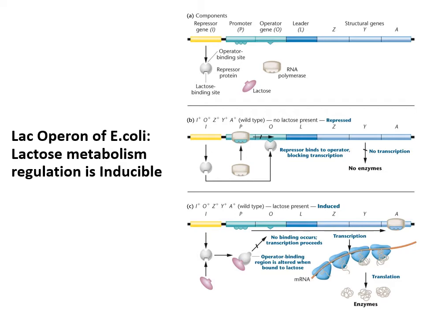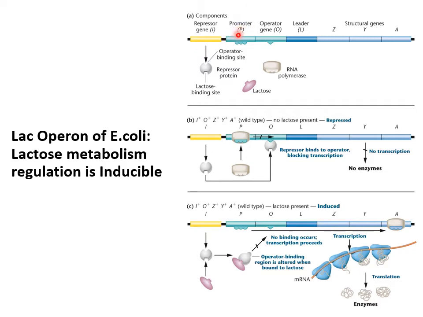So we're going to go through the key players involved. When you look at this operon, you see a few different titles and names here. The first one is the repressor gene. So whenever you see the letter I in the lac operon, think of inhibitor. The I gene makes the repressor of this operon, of this whole regulation process.